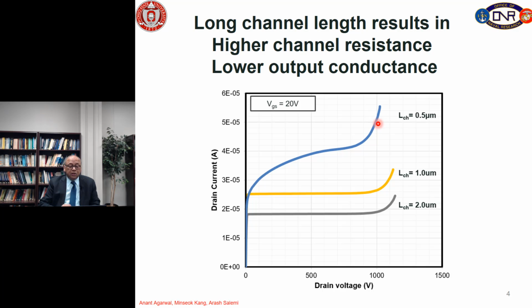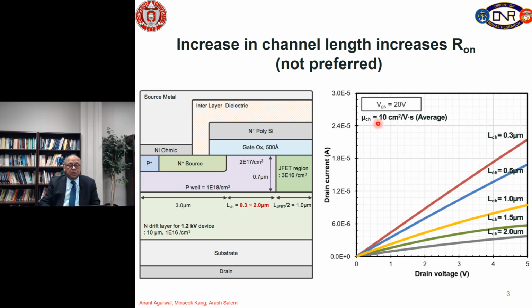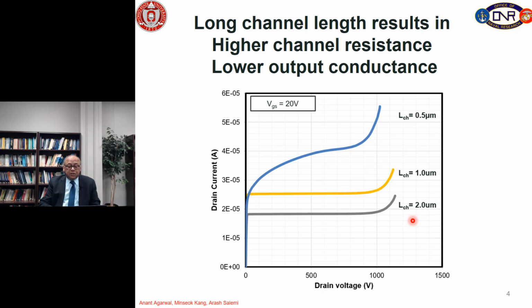Let's take 1000 volt. This current is extremely high, whereas in the on state we will be operating somewhere around 1.5 volts. So the current is 6 microamp per half cell. But for the same half cell, the current at 1000 volts of drain bias is 50 microamp.